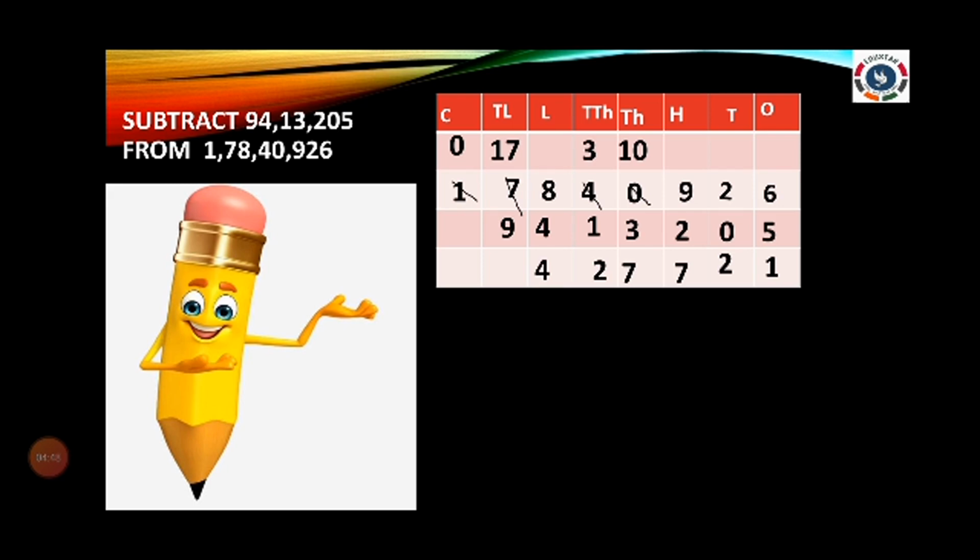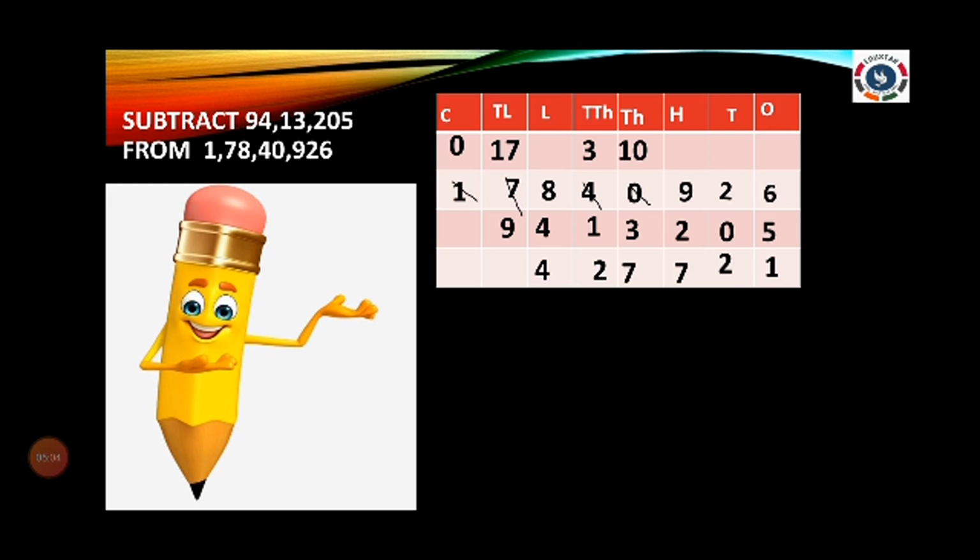The next one, the 10 lakh place. First number is 7, second number is 9. Compare the second number with the first one. Is it bigger or smaller? Bigger. So bigger means what do you do? Borrow.